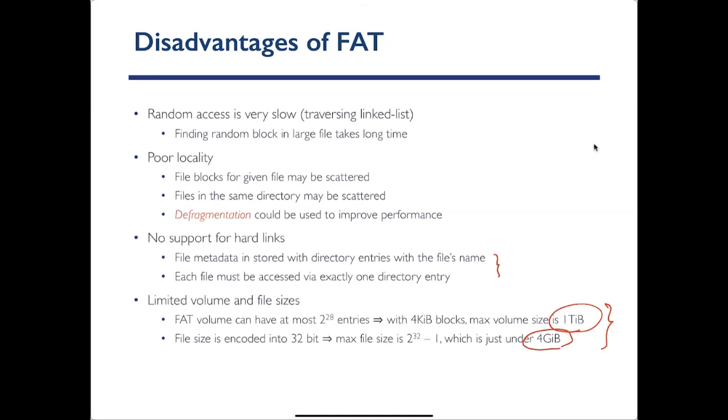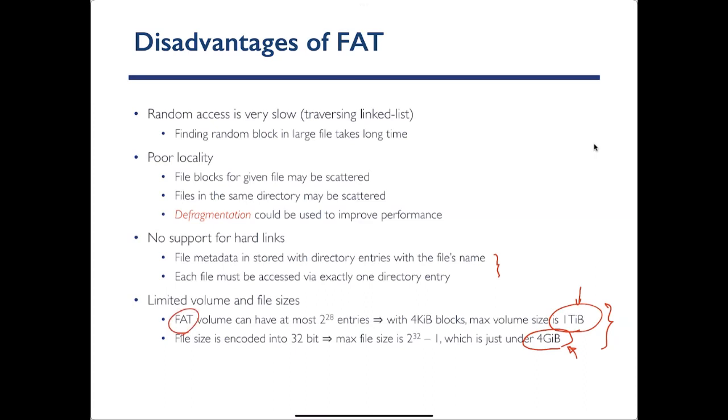So this is actually the harshest thing, the most limiting factor of FAT. If you buy an SSD that has, I don't know, 2 TB, then half of it you can't use. And again, today we really have files that are more than 4 GB, so that wouldn't work with FAT file system.